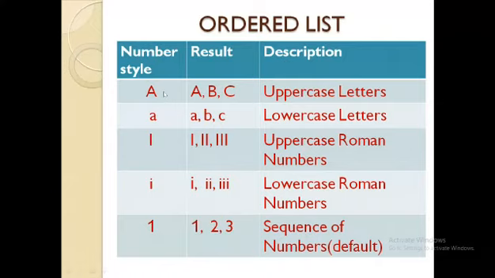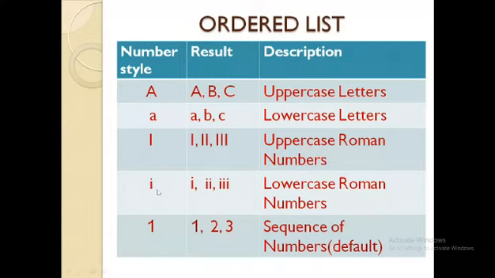If we use type capital A, then the result will come as A, B, C in uppercase letters. If you use a small a, then your list will appear as a, b, c in lowercase letters. Capital I is Roman numbers, so uppercase Roman numbers I, II, III will appear.